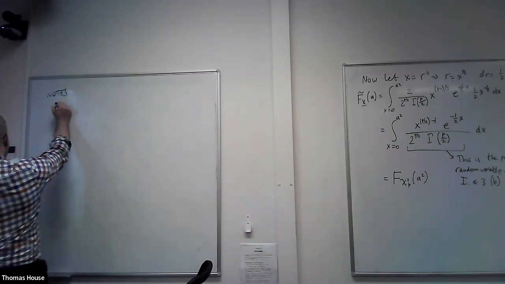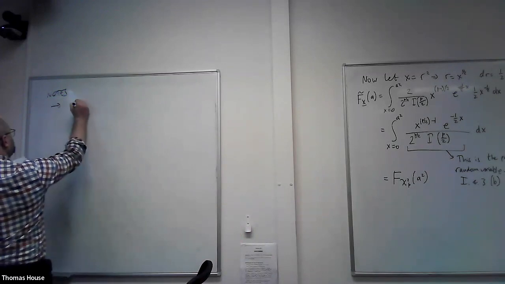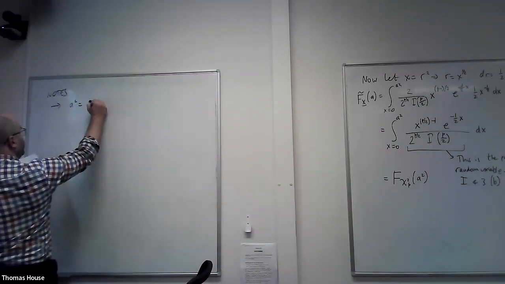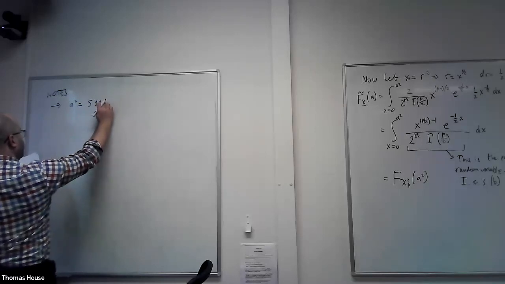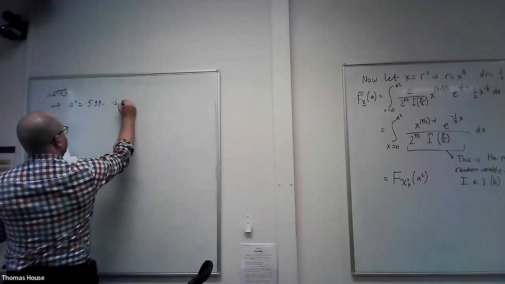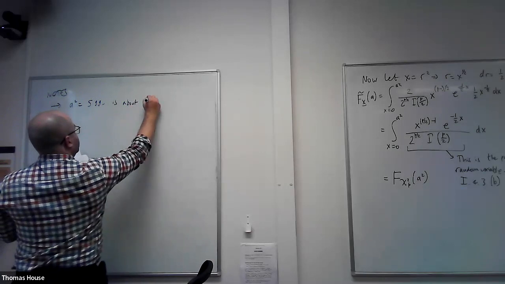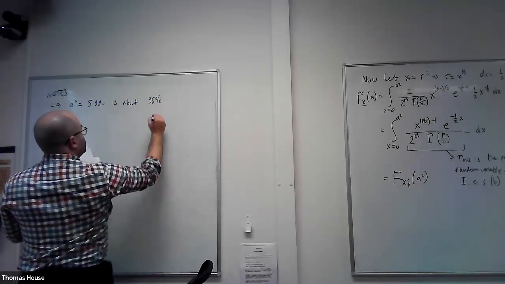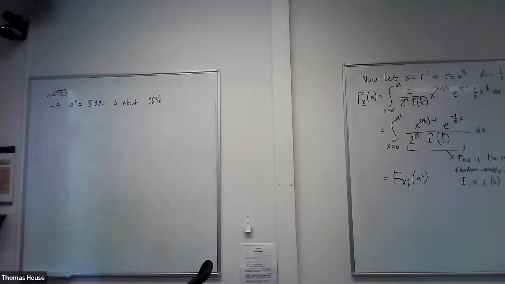One thing to note, just out of interest, is that a squared equals 5.99, which is about 95%. So the 95% confidence region is going to be an ellipse with a squared about 6.